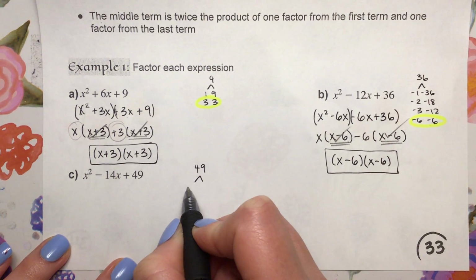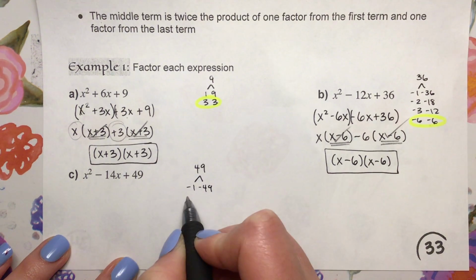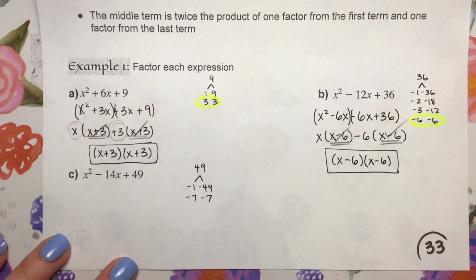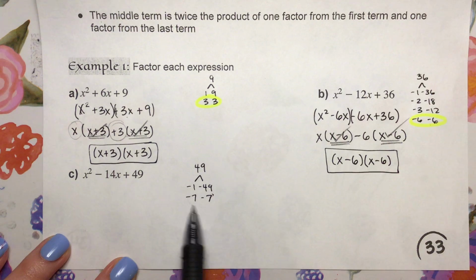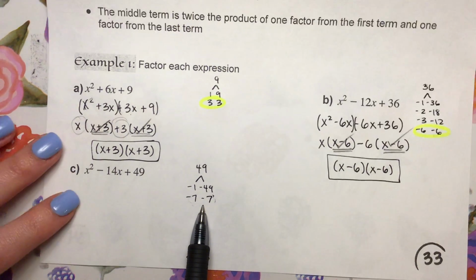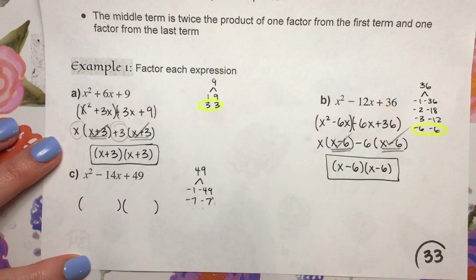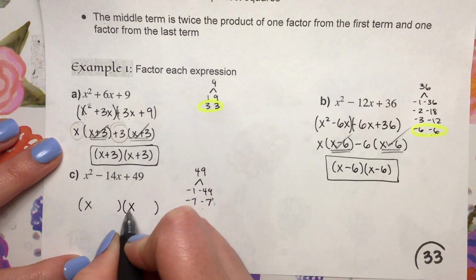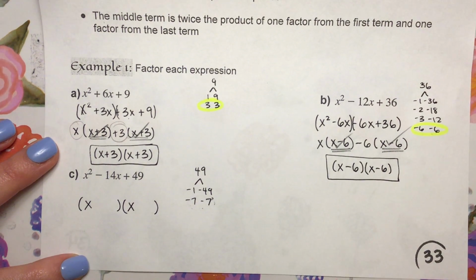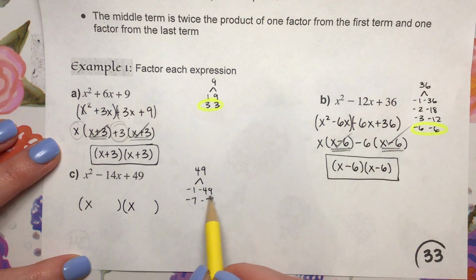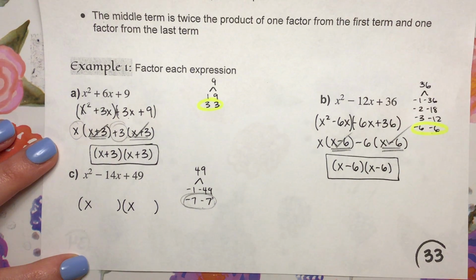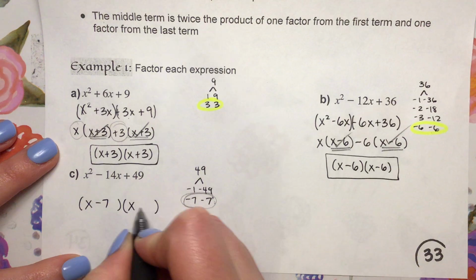So some examples might be negative 1, negative 49, or negative 7, negative 7. I'm going to use negative 7, and because I know about that shortcut now, I can just put in my two sets of parentheses, put an x at the beginning of both of them, and then fill in the parentheses with my magic pairing numbers, which is negative 7, negative 7. So fill it in and fill it in.